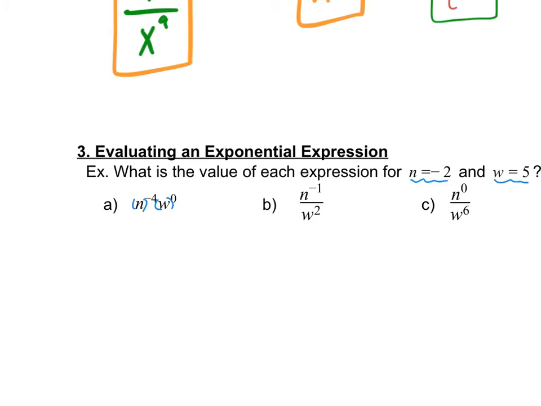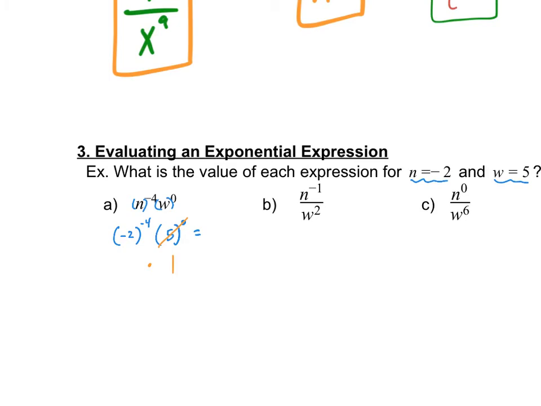So I can replace those values, and I know that I have negative 2 to the negative fourth times 5 to the 0, and I know that this is going to be 1, because we know that anything raised to the 0 power is 1.